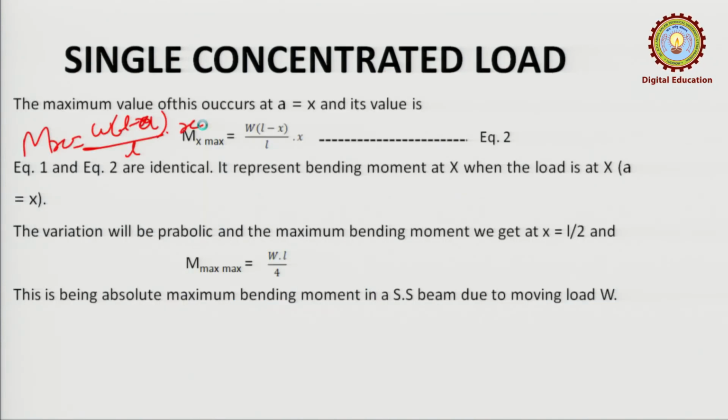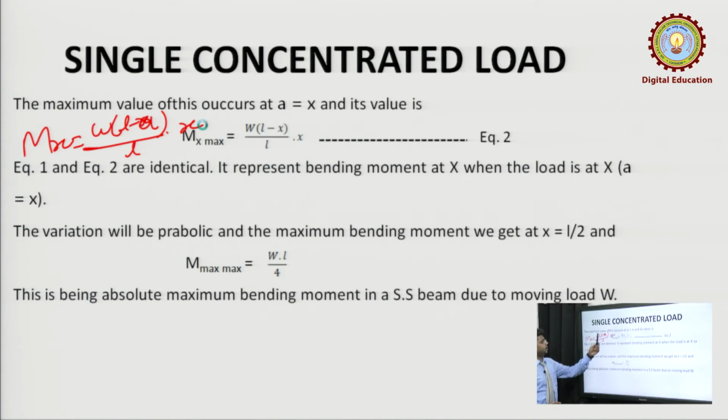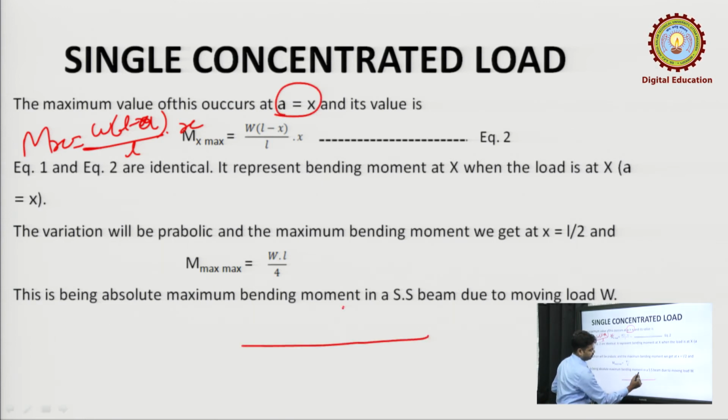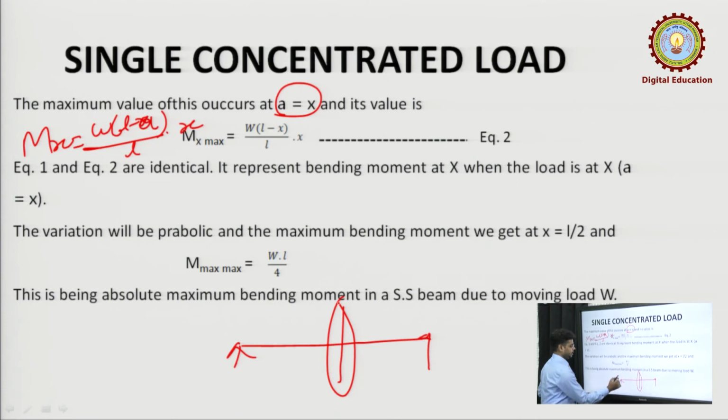What it is trying to say is that the maximum value of this occurs when a is equal to x, when your load is here. That means the load is going to move here, then here, then here.